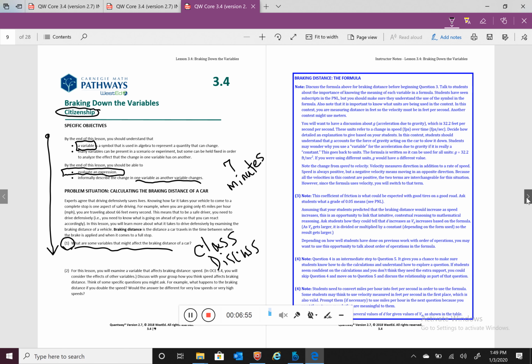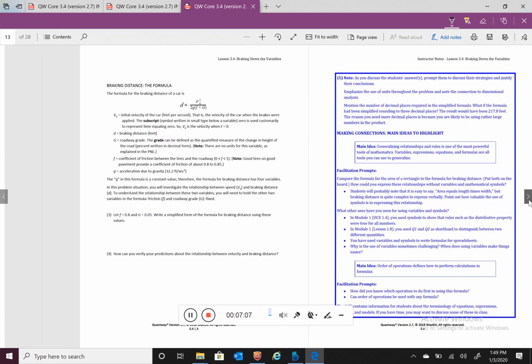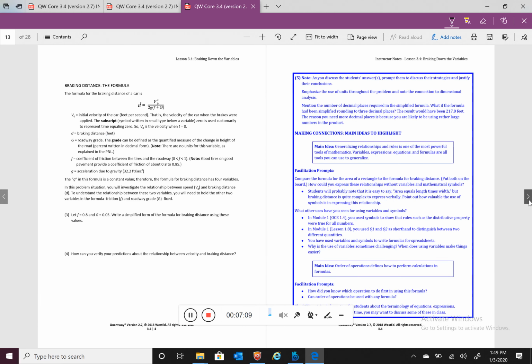I'm going to go forward and show you that after class discussion of problem number 1, they're then going to move on to their small group discussions for question number 2. And then we get to this area right there. This is where the class probably needs to come back together because we want to talk about specific things in this rather large formula, such as exponents, such as what V sub 0 means.